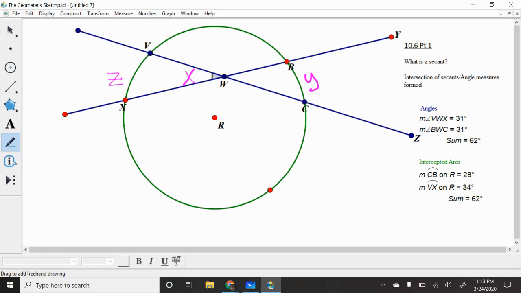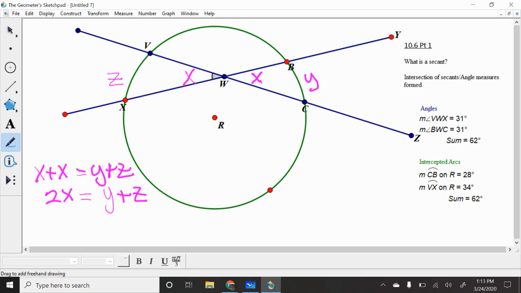Well, there's several ways you can go about it. One way is we know that these two angles on the inside are congruent. So I can say that x plus x is equal to y plus z, right? And I can simplify that to 2x equals y plus z.